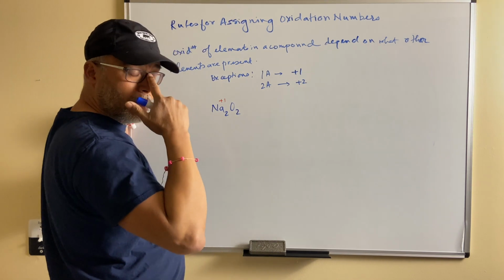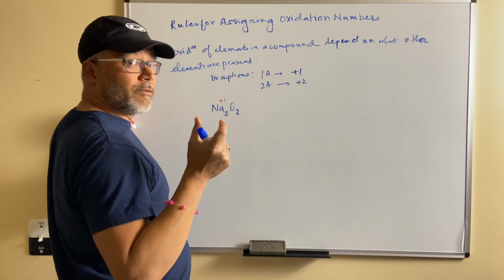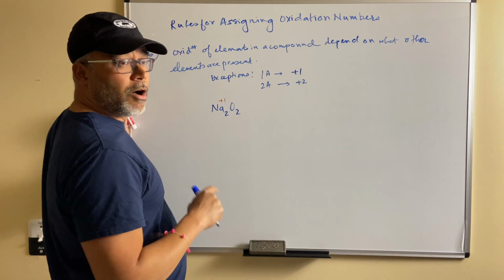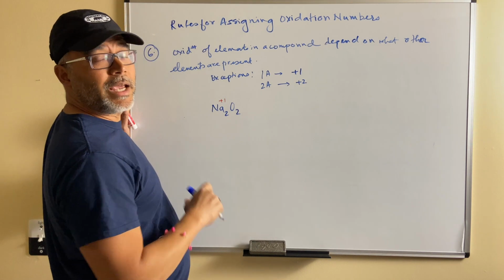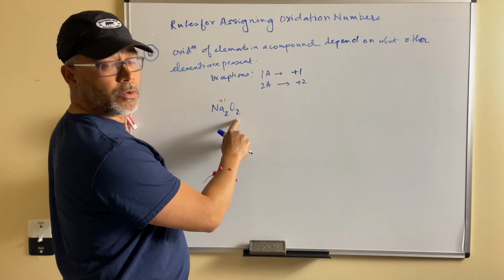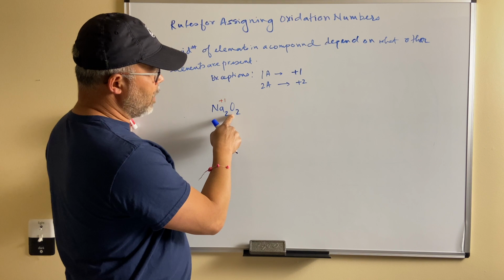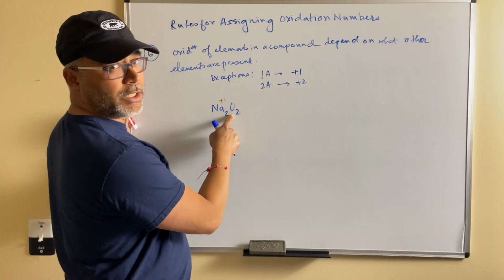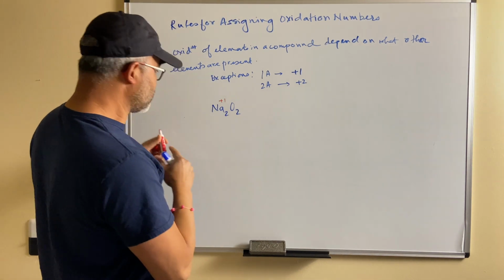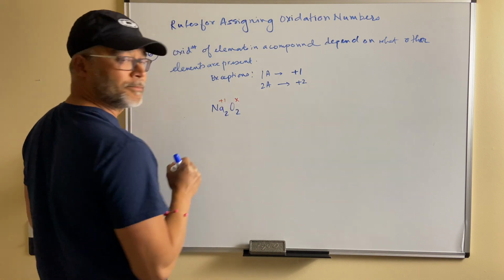Because if you recall, one of the initial rules was that the oxidation numbers of all the atoms in a neutral compound, which this is, always need to add up to 0, okay? So the only one we have to figure out is oxygen out here. Do not assume it's -2. So we're going to call this X.